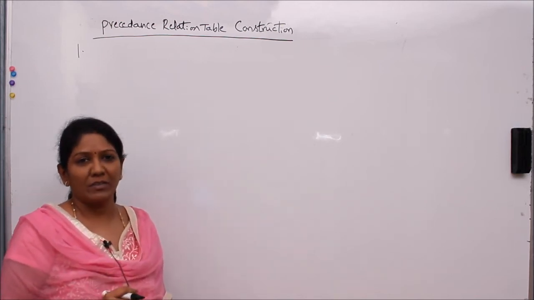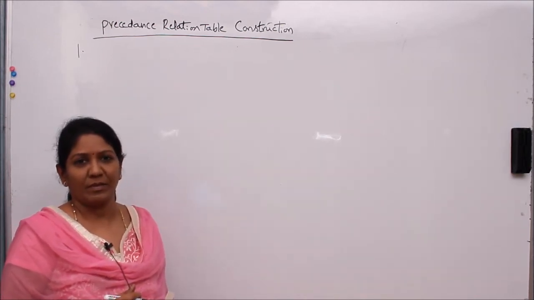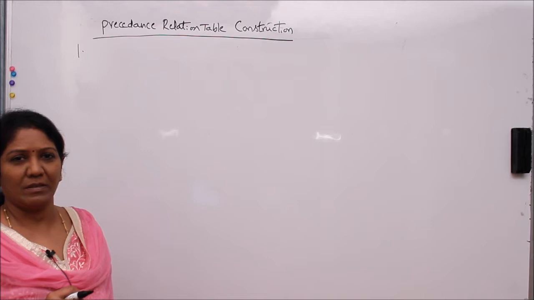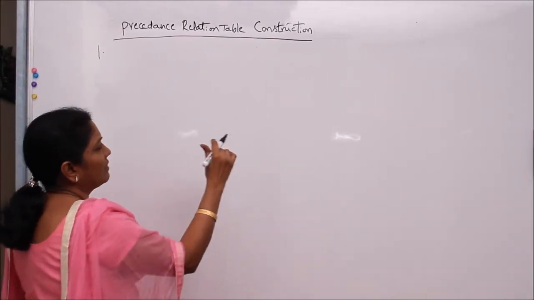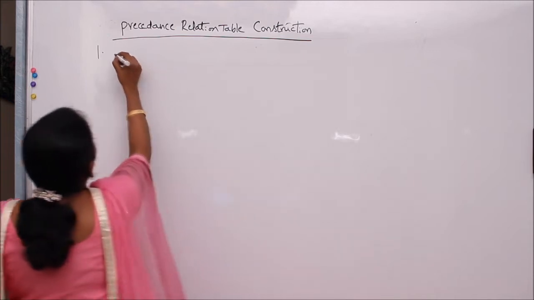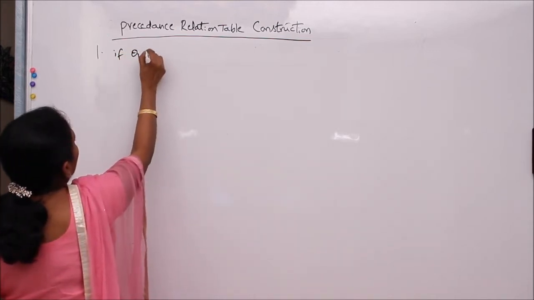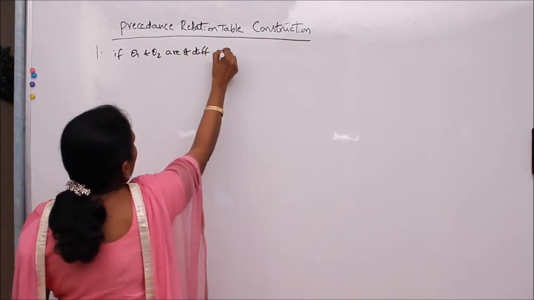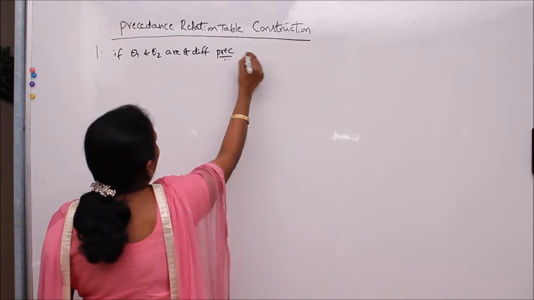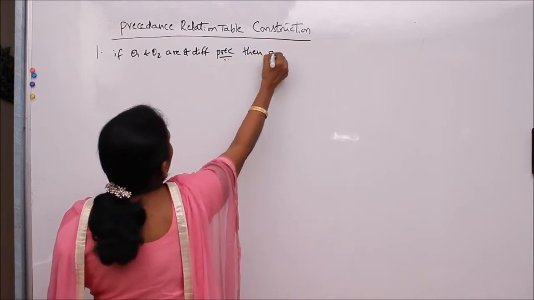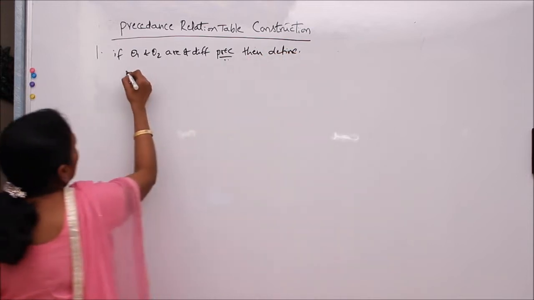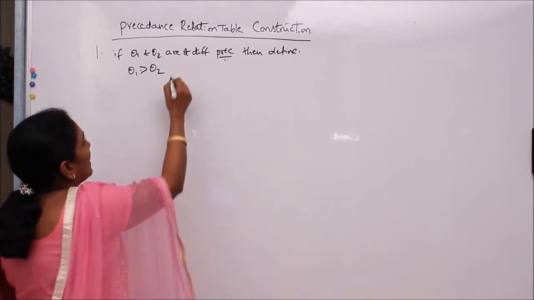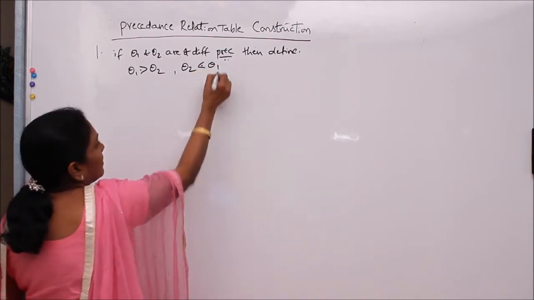Suppose you have two operators of different precedence, for example star and plus. Star has higher precedence than plus. In that case, if theta 1 and theta 2 are of different precedence, and suppose theta 1 has higher precedence, we say theta 1 has higher precedence than theta 2, as well as theta 2 has less precedence than theta 1.